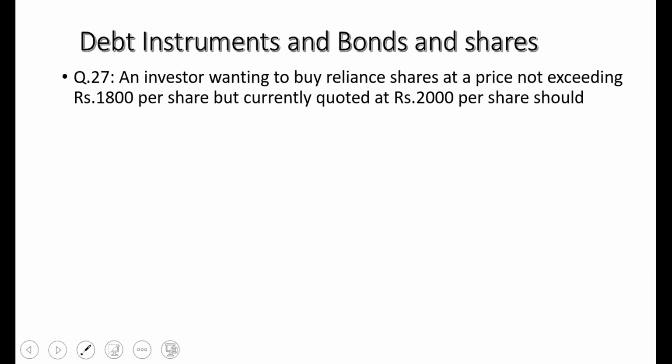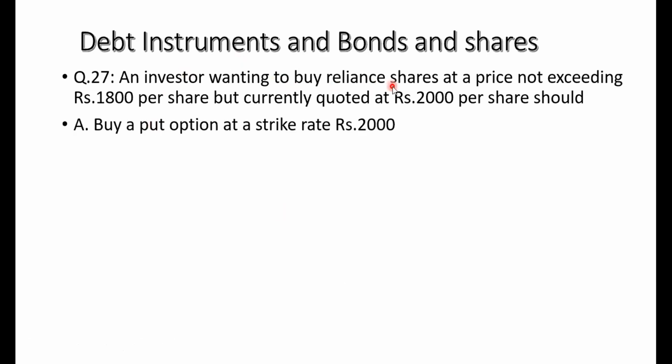Just wait. Okay. Now I think 2 hours of salary has been given, but okay. Now this question, you see: an investor wants to buy a Reliance share at a price not exceeding 1,800 per share, but currently it is quoted at 2,000. These are the intelligent questions, boss.